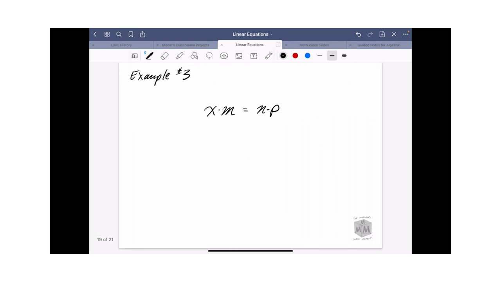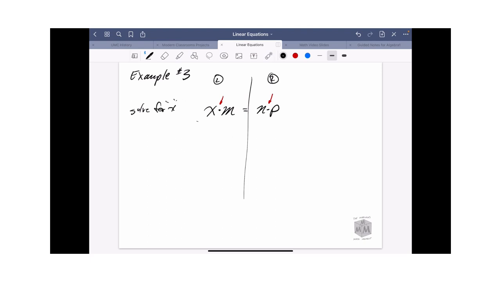Example number 3. X times m equals n times p, and I wrote the little multiplication dots because I didn't want to be confusing. It just looked like a bunch of letters. Let's say we solve for x. Well, let's see, got my balance here. Whatever I do on the left, I do on the right.